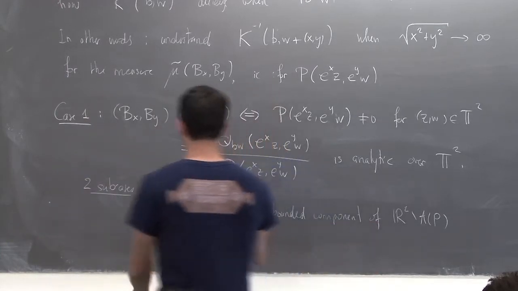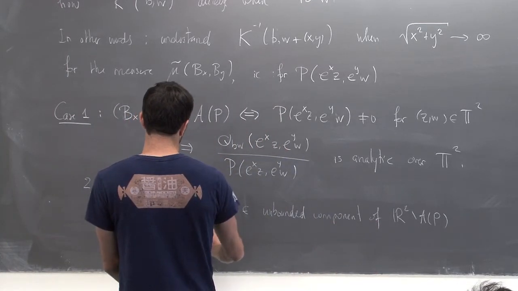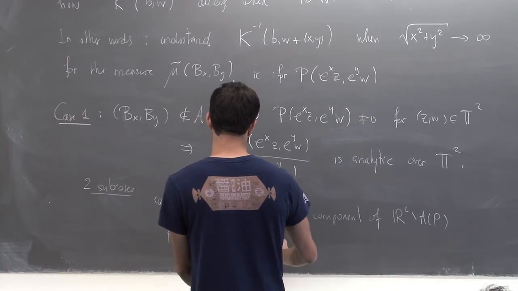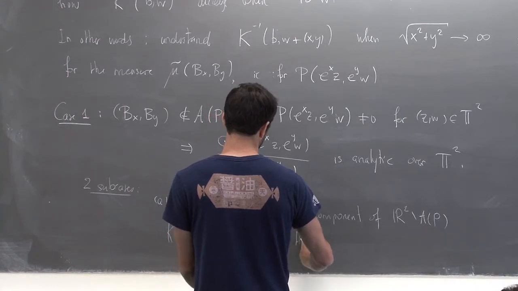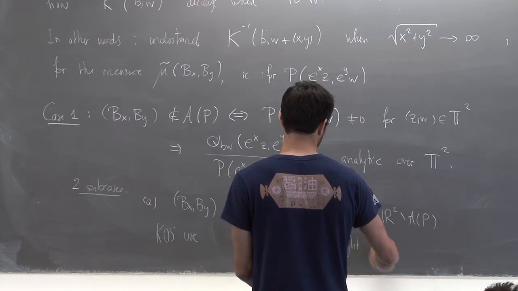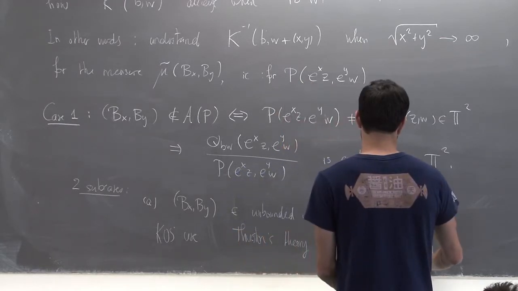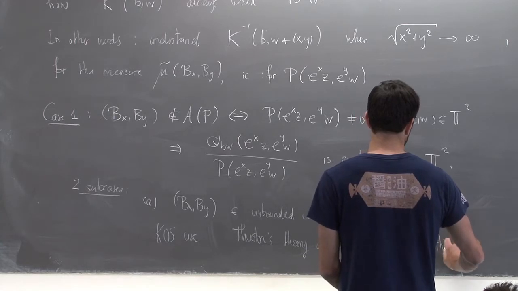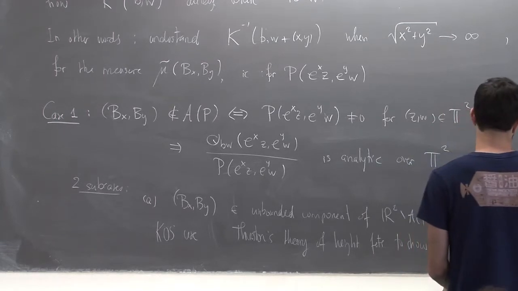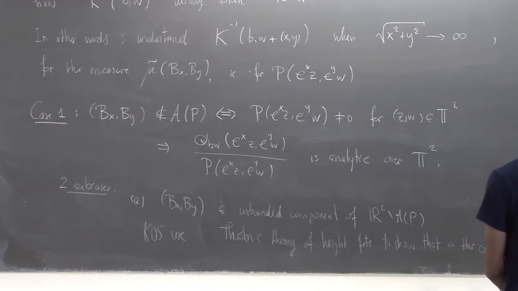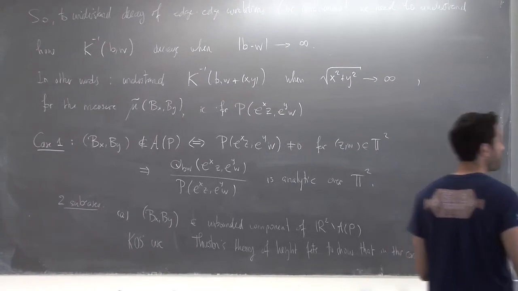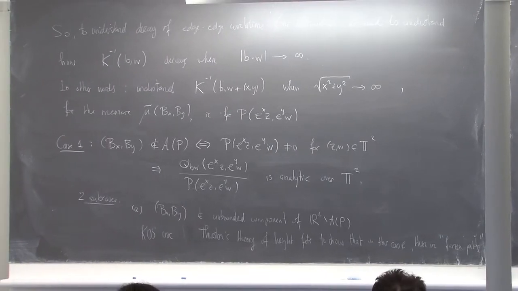So Kenyon, Cook and Sheffield use the, let's say, Thurston theory of height functions that we saw a little bit, to show that in this case there are so-called frozen paths. Sorry, I'm just going to keep this here.